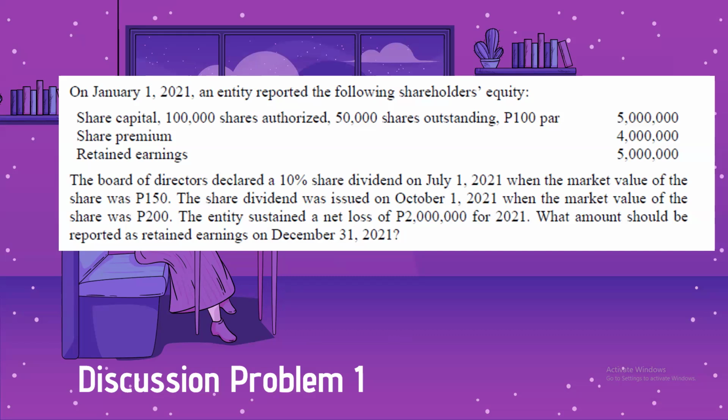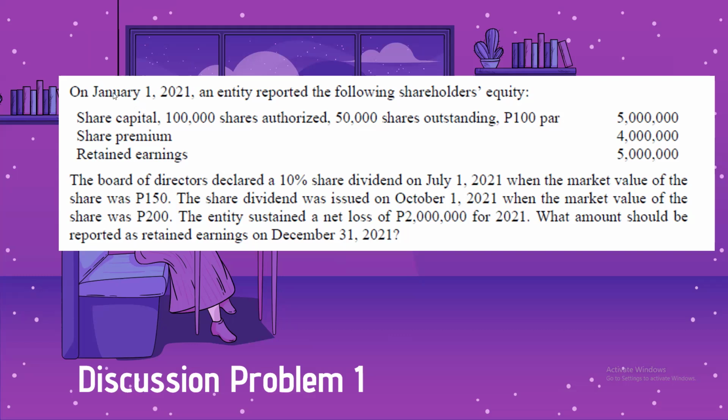On January 1, 2021, an entity reported the following shareholders' equity. Share capital, 100,000 shares authorized, 50,000 shares outstanding, 100 par for 5 million. Then we have share premium of 4 million, retained earnings of 5 million.